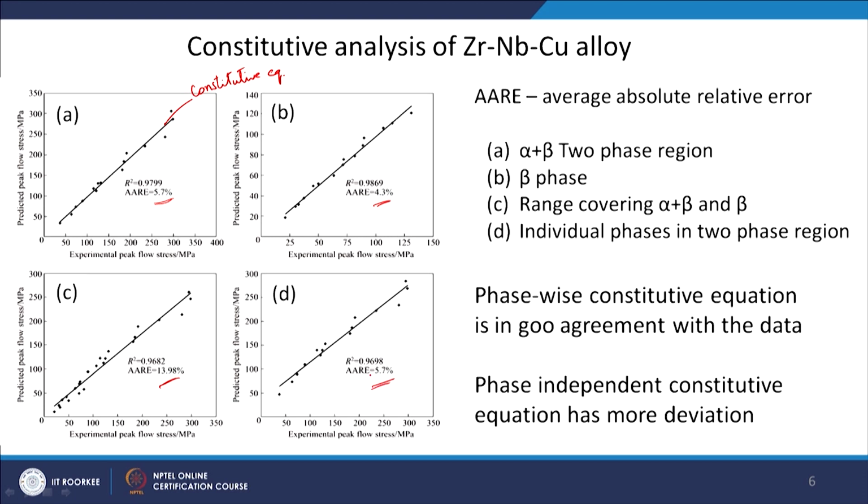So, you can see that the error between the predicted and the experimental value is very high when we consider the whole temperature range. Whereas, when we developed the individual constitutive equation for each phase or phase region, our errors were very small.